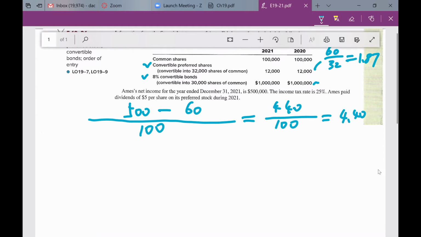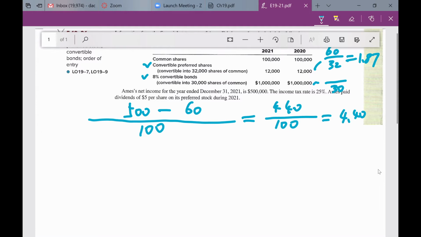If you convert to 30s, the denominator is going to increase by 30. For the numerator, you save the interest expense.